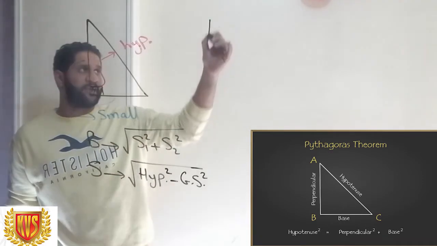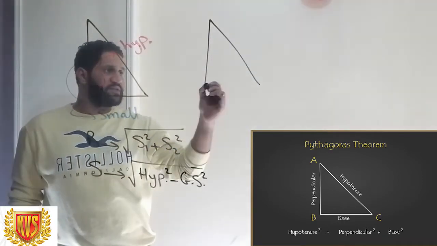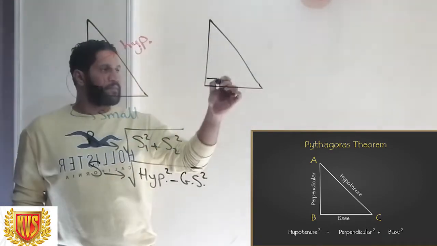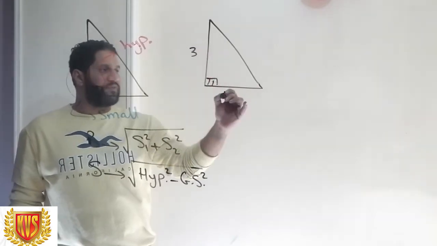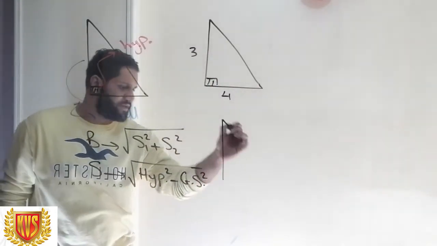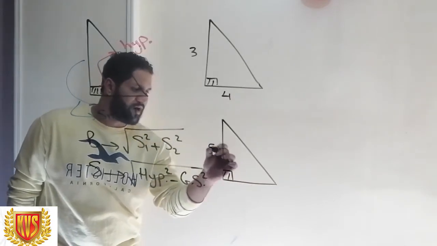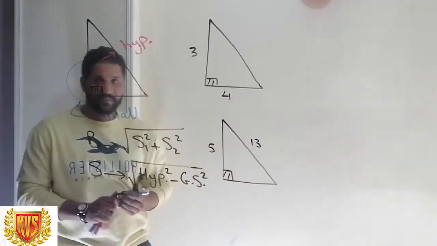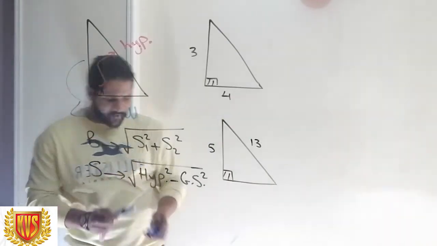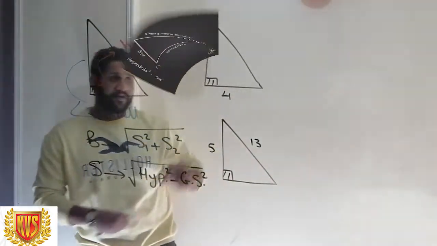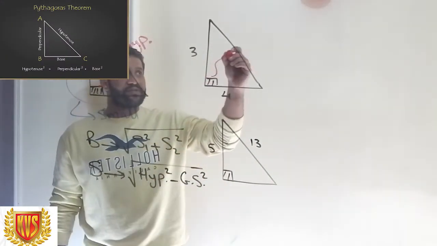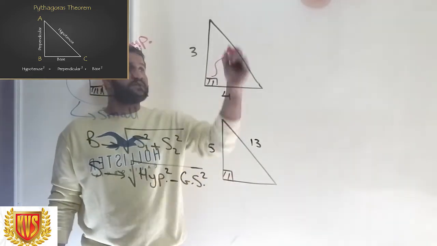If I have a triangle like this, which has a 3 here and a 4 here, and I have a triangle like this, which has 5 here and 13 here. Okay, if you look at the first one, I can see that there's an angle 90, and this is my hypotenuse, which is the biggest.